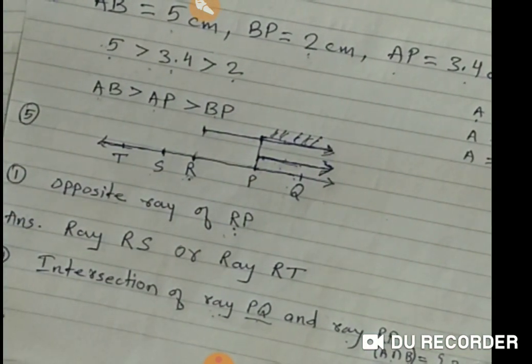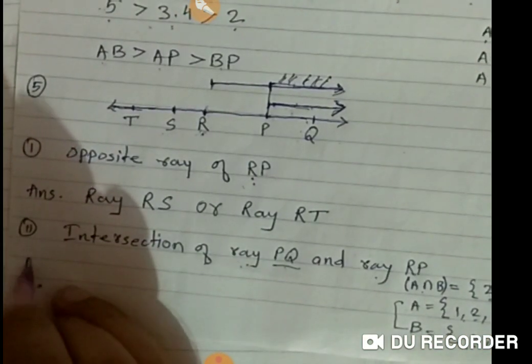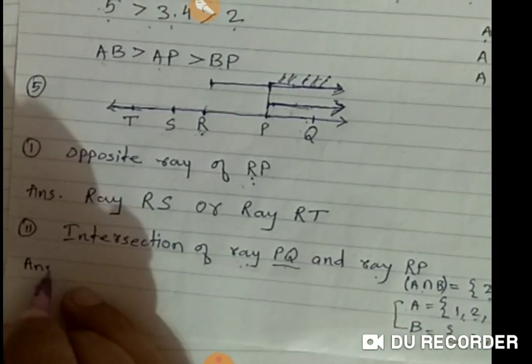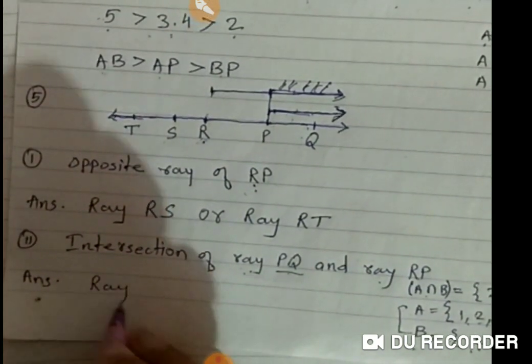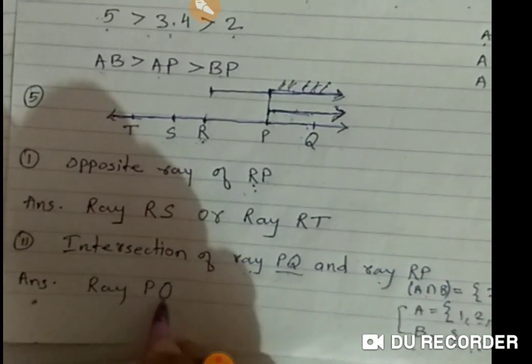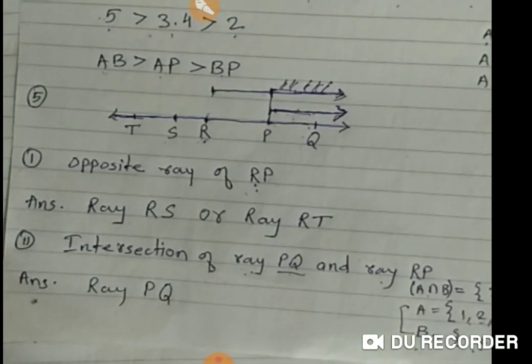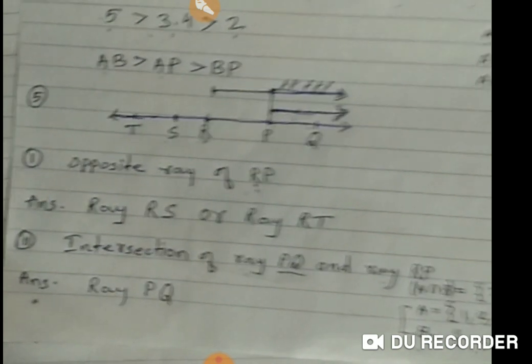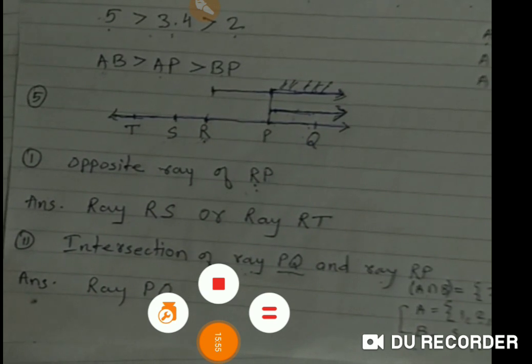So the answer for this question is ray PQ. Hope it is clear to everybody. The intersection set of ray PQ and ray RP is ray PQ itself.